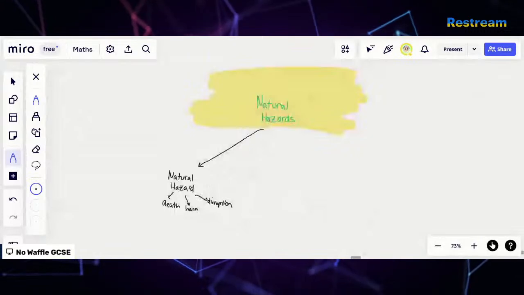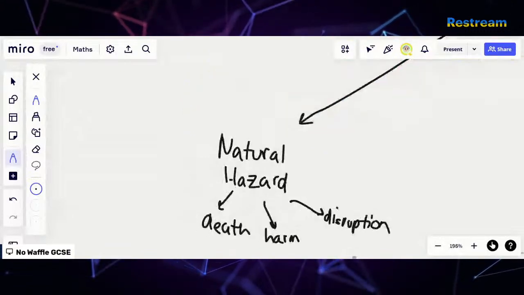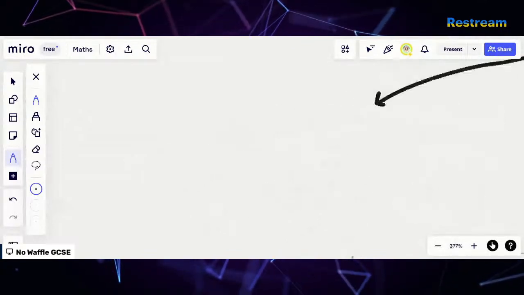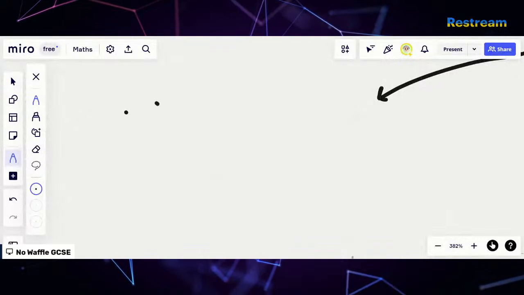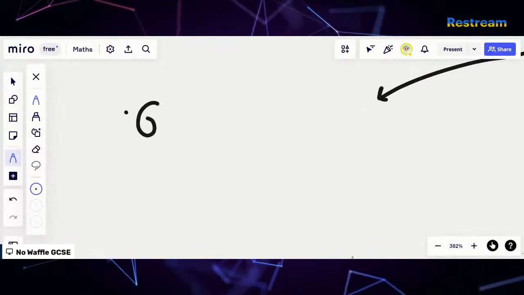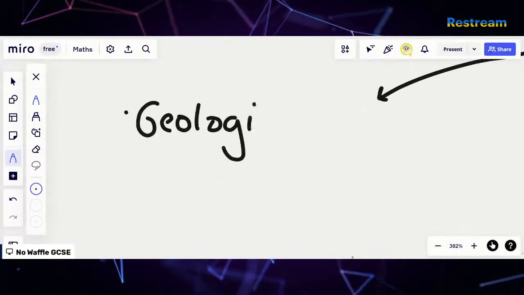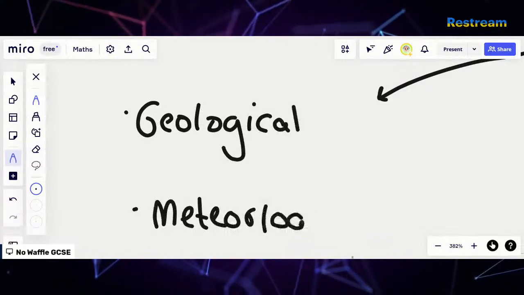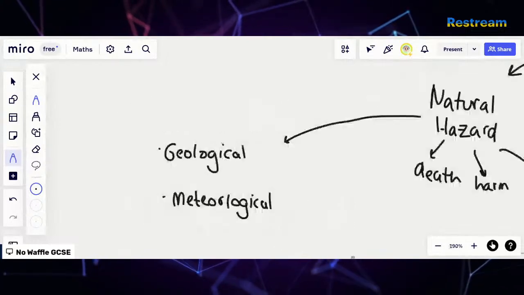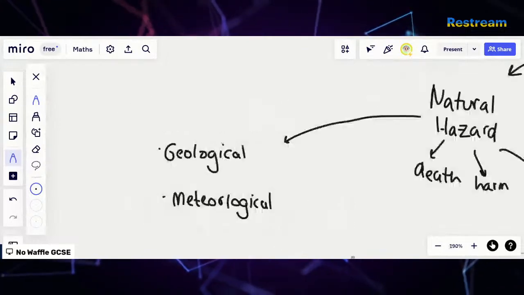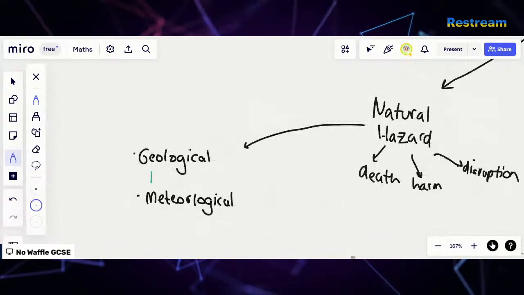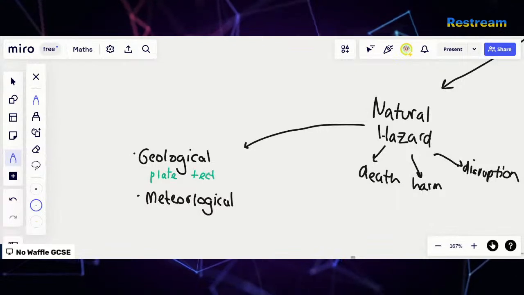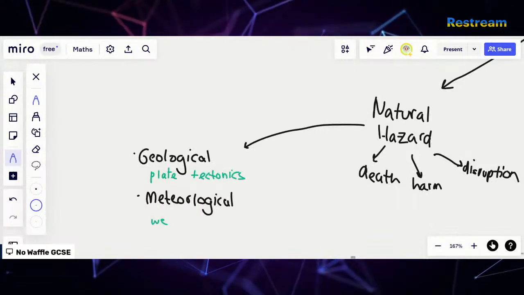Now the next point is types of natural hazards. So in terms of types of natural hazards, we have geological hazards and meteorological hazards. Now, geological is all to do with plate tectonics, whereas meteorological is all to do with weather systems.